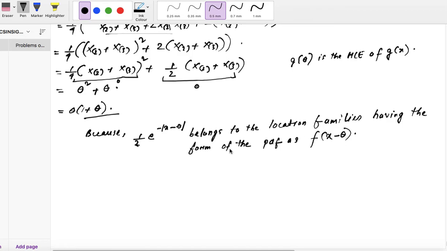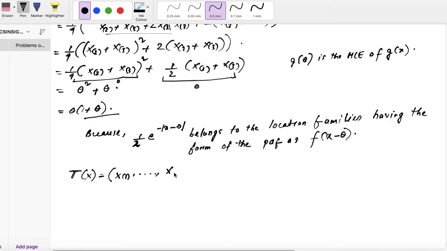This means that in the case of a location family, the order statistic is sufficient for theta.